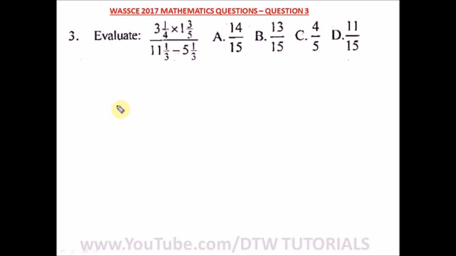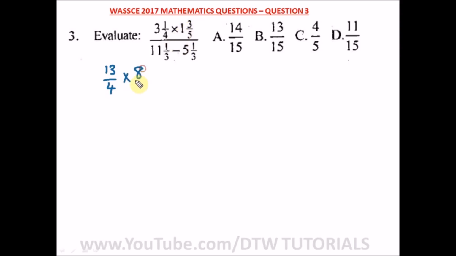Question 3 of our WASSCE 2017 mathematics question, that's your WAEC. It says evaluate this. So these are fractions, improper fractions. Let's turn them into proper fractions. So let's do this together. 4 times 3 is 12, and 12 plus 1 is 13, so we have 13 over 4. 5 times 1 is 5, plus 3, that is 8.